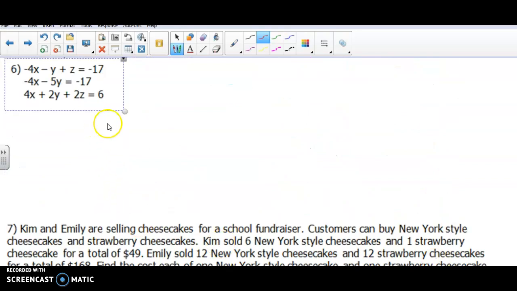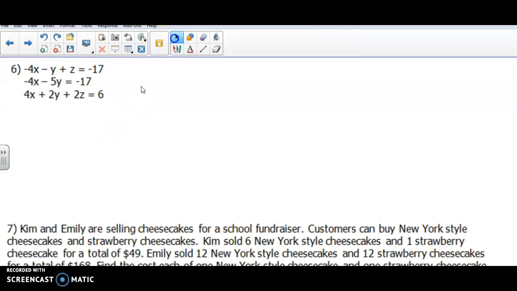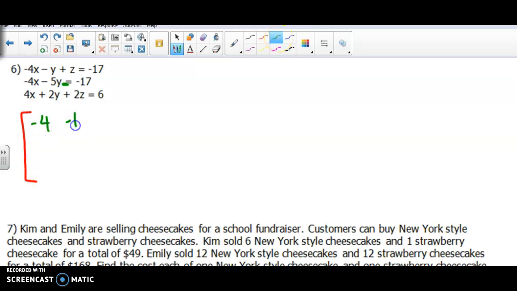Okay, so the one thing that I want to point out about this next one when we do it is that you got to pay attention, because again, up here in this spot, you're missing a Z variable. So when we set this one up and we have negative 4, negative 1, 1.